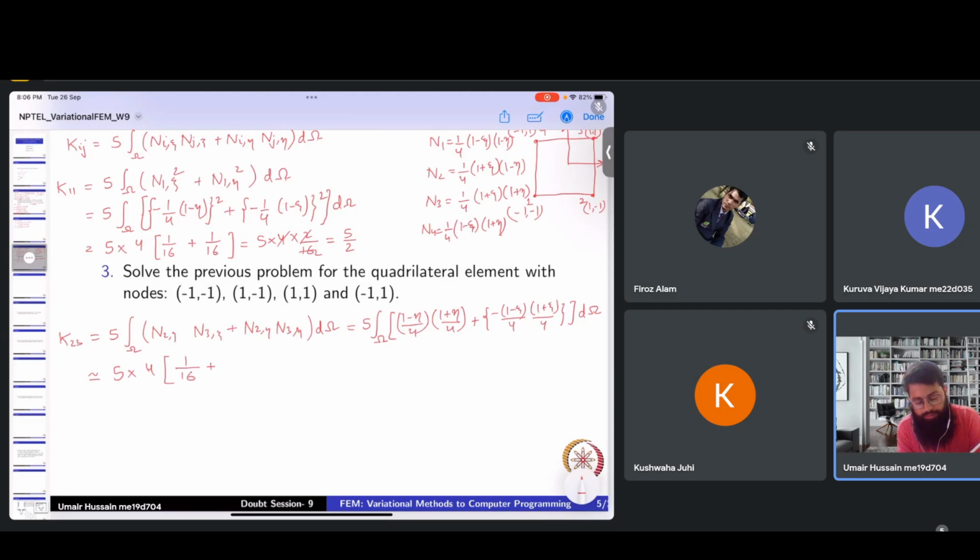The second term is minus 1 minus 0, that is minus 1, into 1 plus 0 is 1, by 4, so it becomes minus 1 by 16. Good. So this term becomes 0 essentially. That's interesting. Don't know how accurate this is.